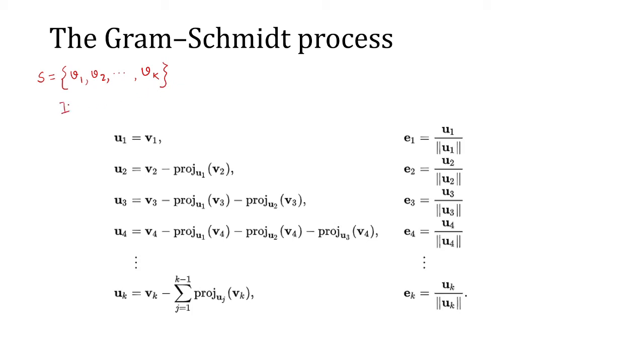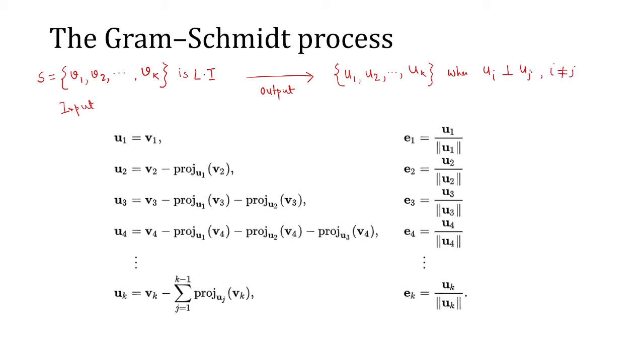This is the input, a linearly independent set, and it gives an output, the set of vectors u1, u2 up to uk, where ui is perpendicular to uj when i is not equal to j.